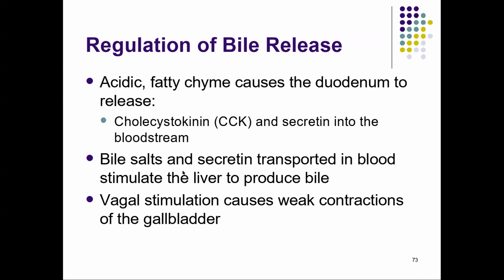And it says bile salts and secretin transported in the blood stimulate the liver to produce bile. Then it also mentions vagal stimulation causes weak contractions of the gallbladder. So the liver, once it gets the secreted message, starts to make extra bile, right?